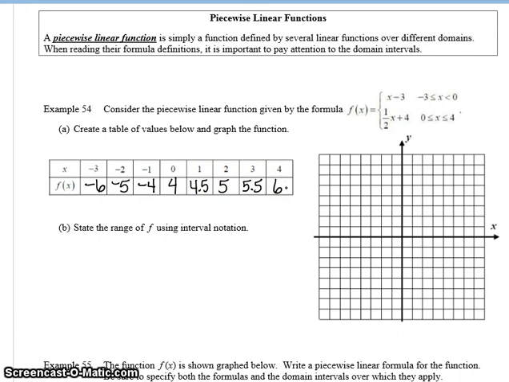Okay? State the range of the function using interval notation. Okay, but before I could do that, I have to graph these. So I'm just going to start plotting the points. So I go -3, -6. Okay, and then these become the points right here. The only thing you have to be very careful with, it's not included. You still graph it, but it has to remain an open circle there.